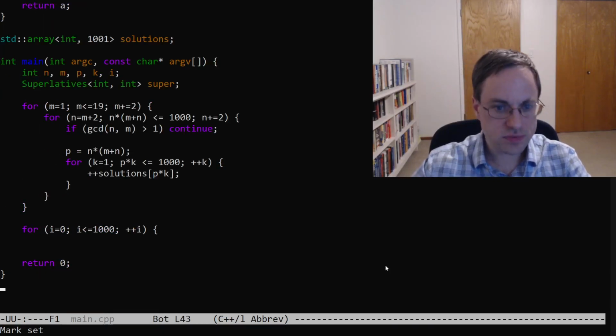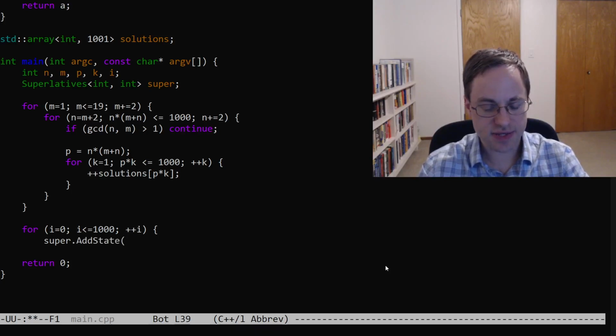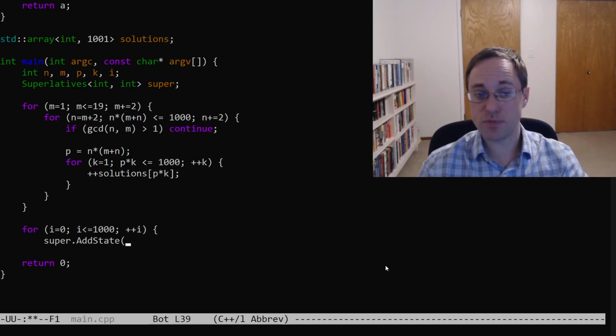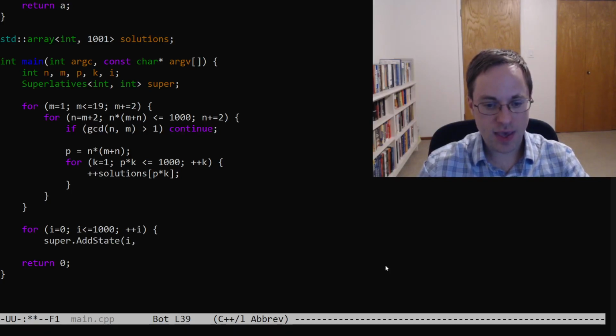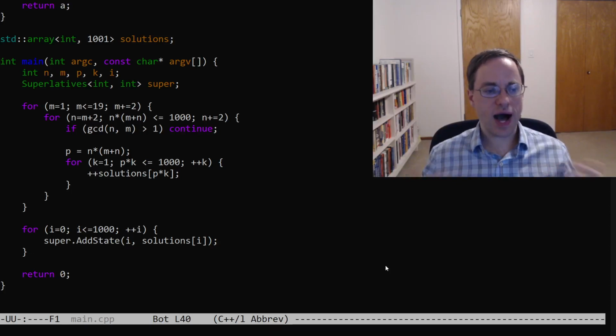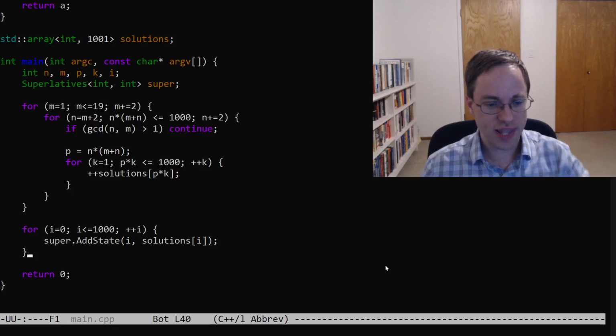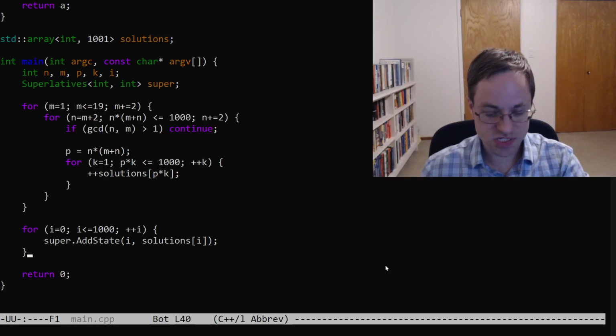Alrighty. And then we can just say super.add_state. The state is just the value of the perimeter, so that's going to be i. And the score for that state is going to be solutions[i]. This is just a very common task in these sorts of problems, and so we wrote a little helper class to assist us with that.